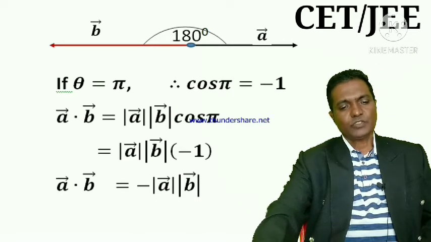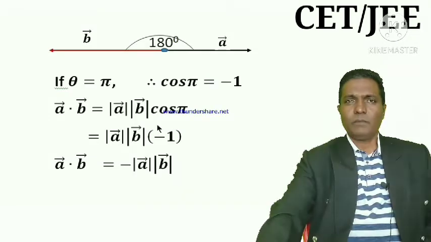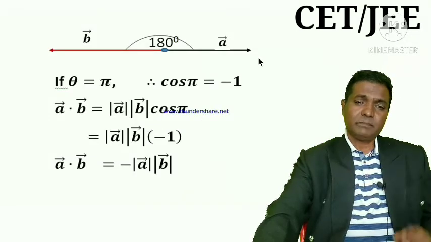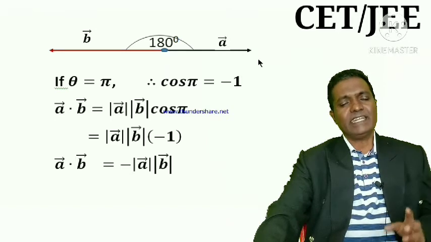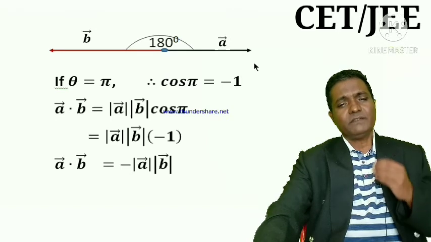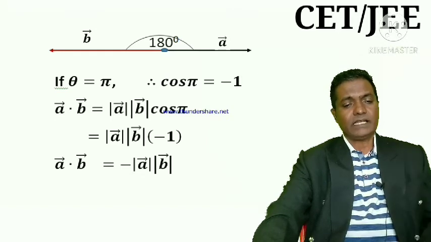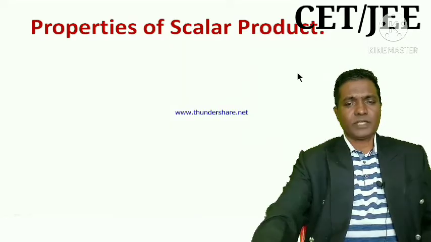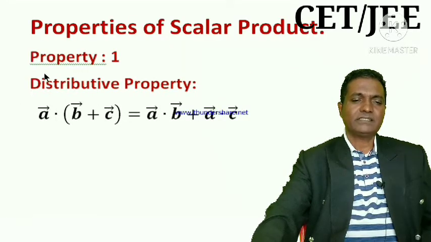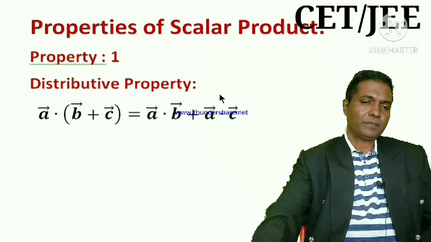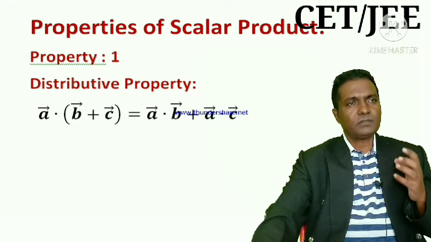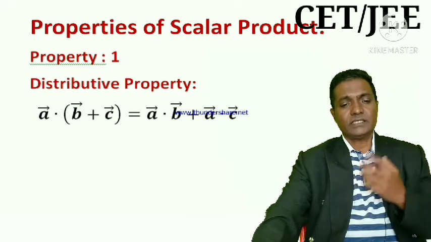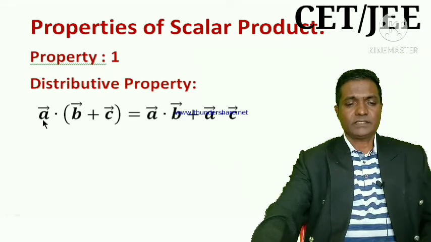So let's move on. These are all basic concepts. Once the basic concepts get cleared, it is going to be very, very simple. Now a few more properties of the scalar product, that is the distributive property. The dot product can be used as a distributive property. Look at this.